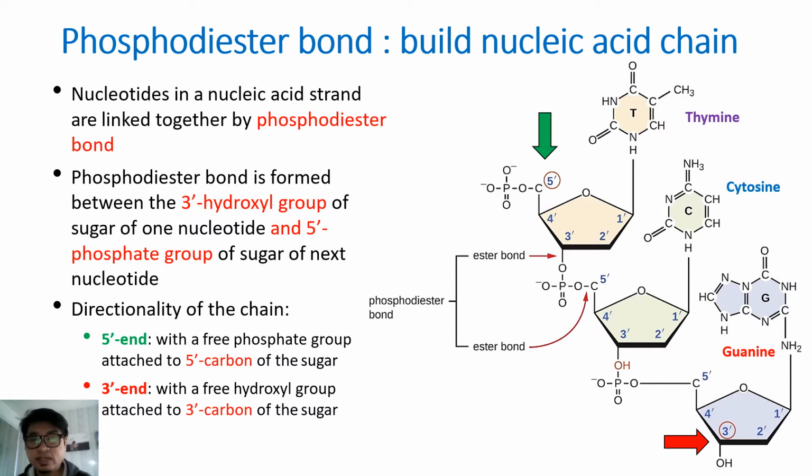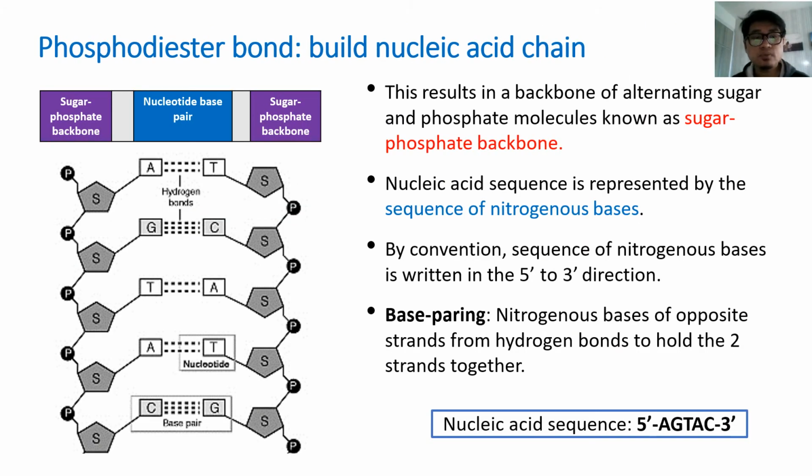So the directionality of the chain is the 5' end, with the phosphate group attached to the 5 carbon, and the other one is the 3' end, with the hydroxyl group attached to the 3 carbon, the third carbon. All right, so we move on to the next slide.